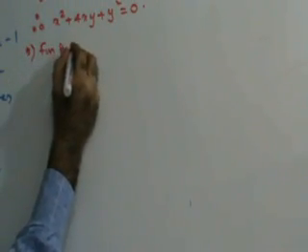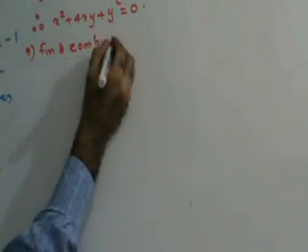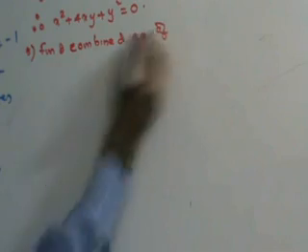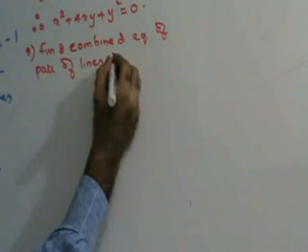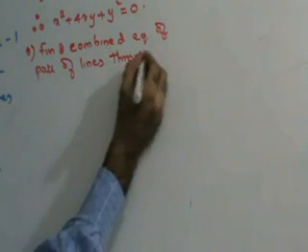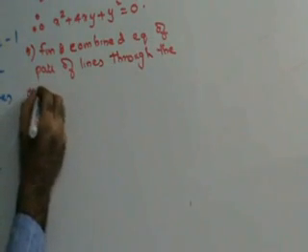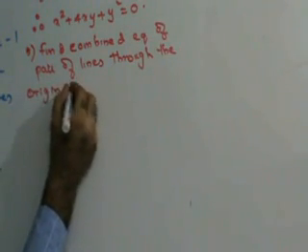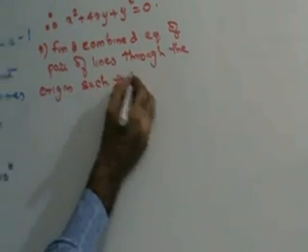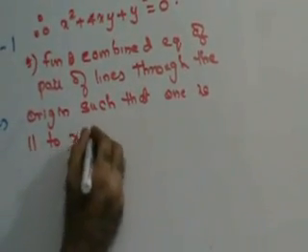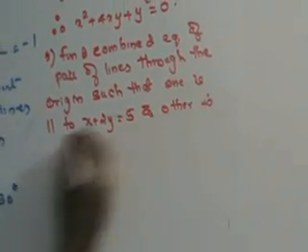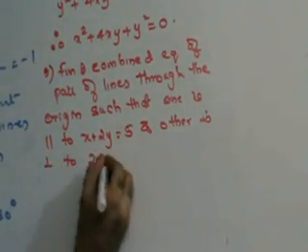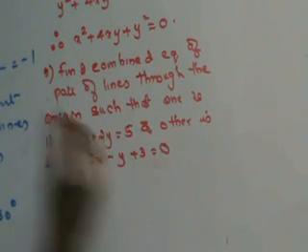Find combined equation of pair of lines through the origin such that one is parallel to x plus 2y is equal to 5 and other is perpendicular to 2x minus y plus 3 is 0.